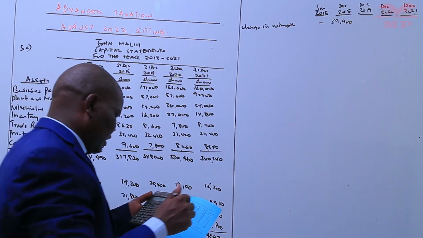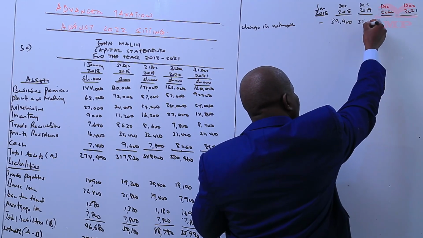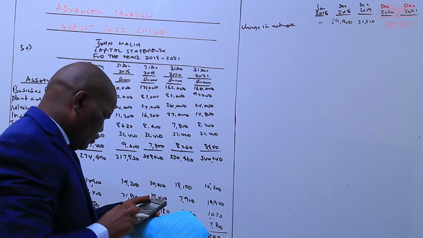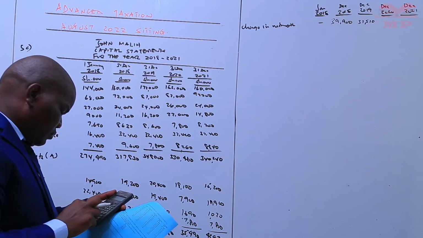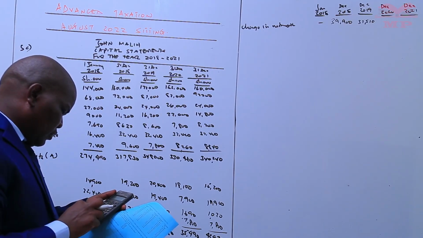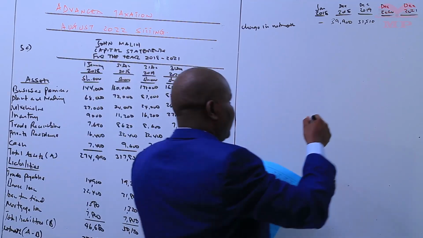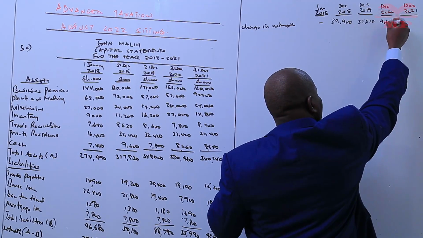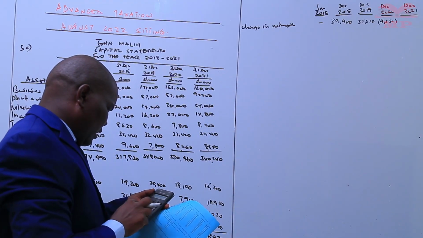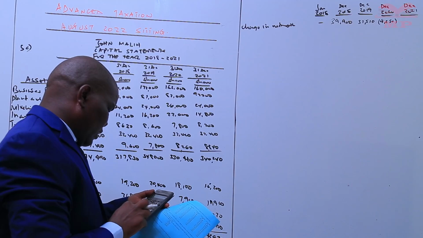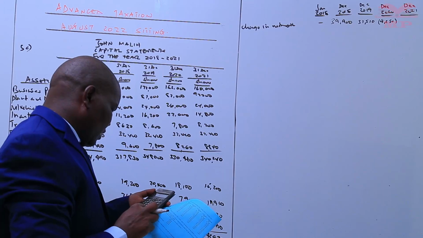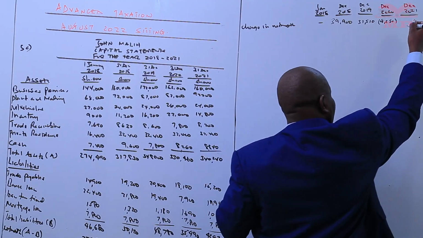I get 31,510. 2020 will be 294,970 minus 299,220. I get negative 4250. And lastly, we have 297,320 less 294,970. I get 2350 positive.